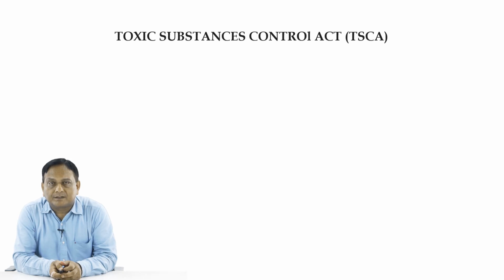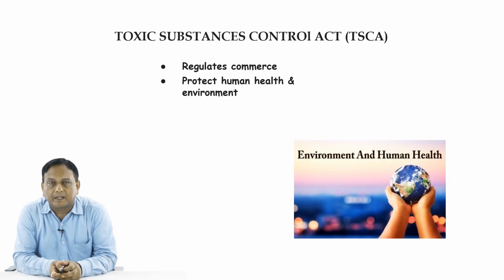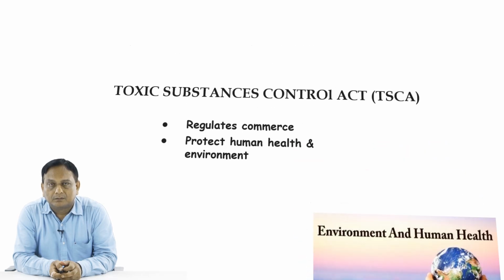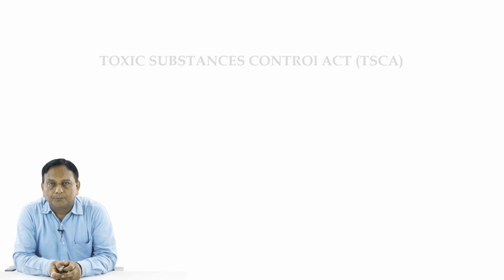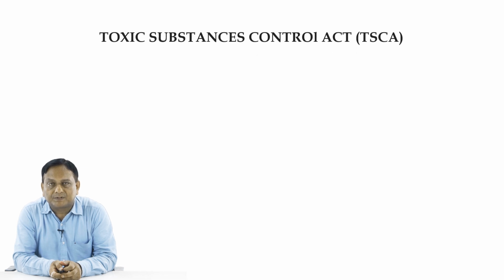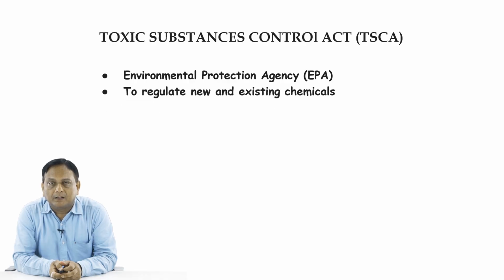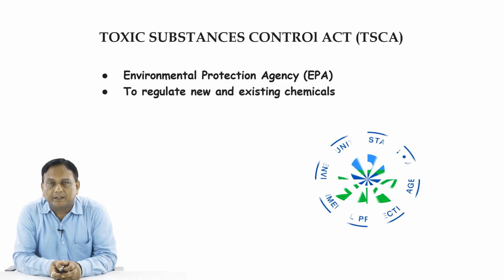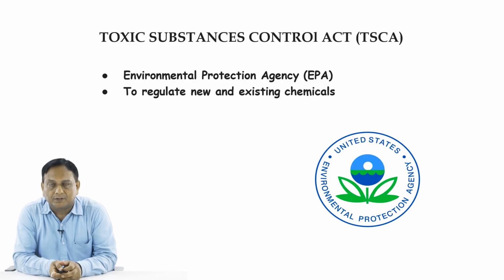The Toxic Substances Control Act, TSCA, regulates commerce and protects human health and the environment. TSCA talks about the Environmental Protection Agency, EPA, regulating new and existing chemicals in the United States.